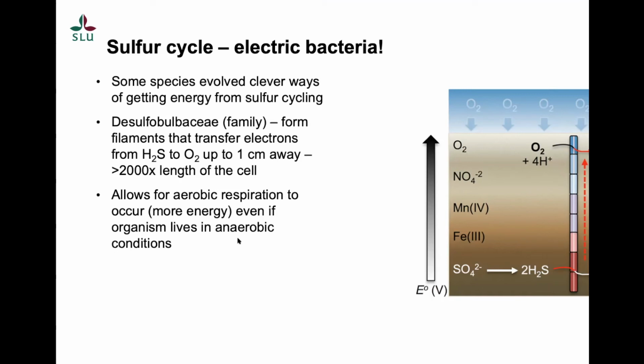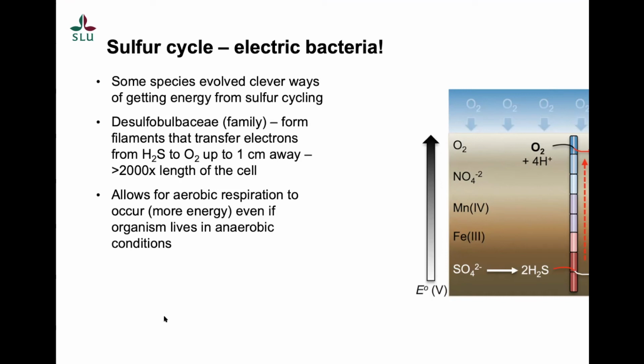So that becomes a form of aerobic respiration, and that typically gives you more energy because there's a bigger difference, right? There's a bigger electronegative difference between the oxygen and the hydrogen sulfide. If you compare that to where iron or manganese or other potential acceptors are, this is lower energy, but you go up to oxygen, you get more energy. So they've evolved a way to maximize that.